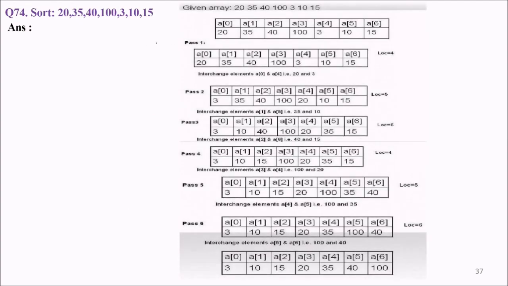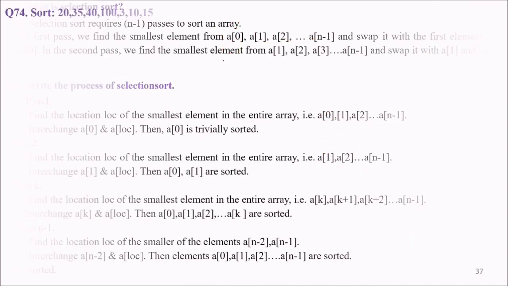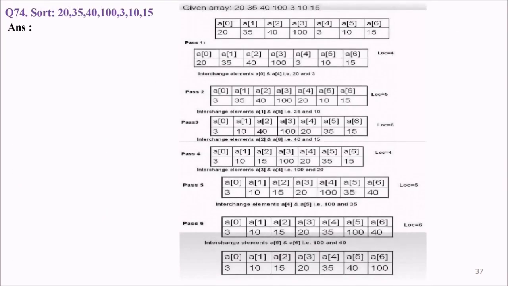Let us see how we can apply this sorting algorithm here. We have these elements, and we've already done this question, but we'll apply selection sort here. This is the first pass.